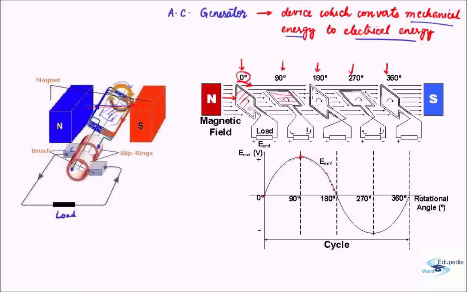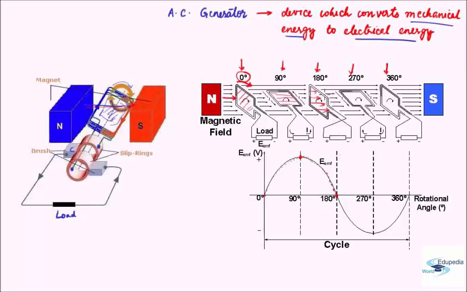Again, a situation like this happens, but the only change is that we have just revolved the whole system by 180 degrees. Again, the maximum magnetic field is passing through the cross section, right? Therefore, at this location, if we rotate it very slightly, there will be negligible change in the magnetic flux. Therefore, this is again the location of zero EMF.